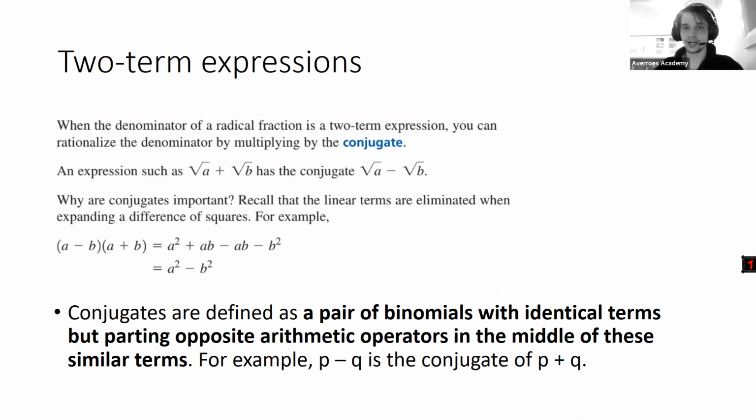Remember it or write it down, and it would be perfect. When the denominator of a radical fraction is a two-term expression, you can rationalize the denominator by multiplying by the conjugate, a pair or bracket that has the same terms but a different mathematical operation between them.